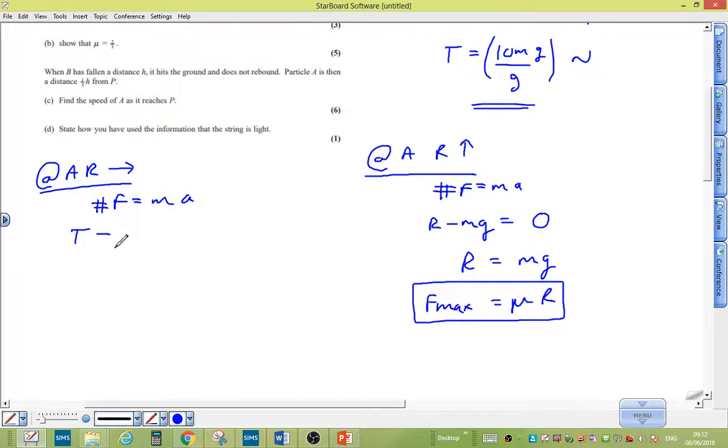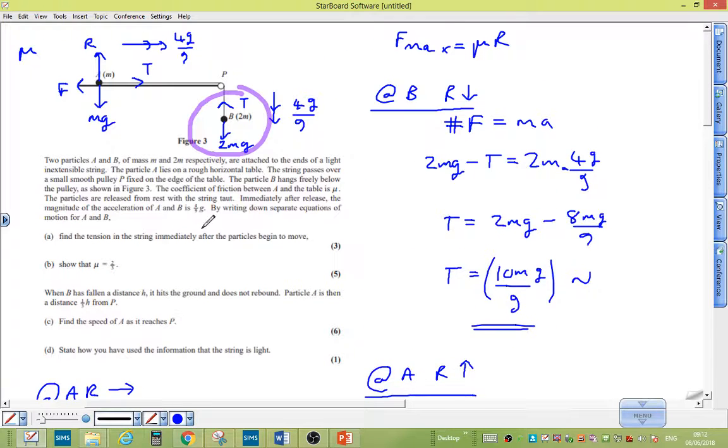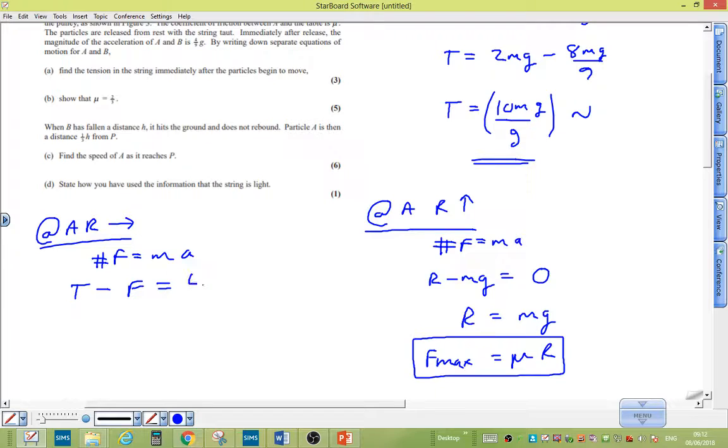So T take away F is equal to mass times acceleration. It is m, and it is 4g over 9, so it is 4mg over 9. Now I know my tension from my previous workings, so that is 10mg over 9, taking away F max, and it is F max because we are moving.